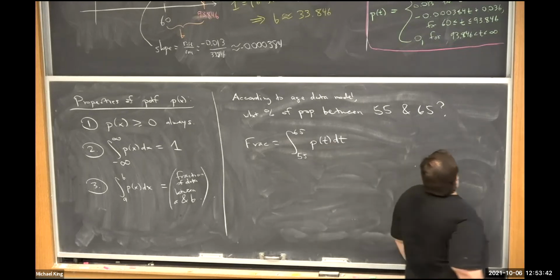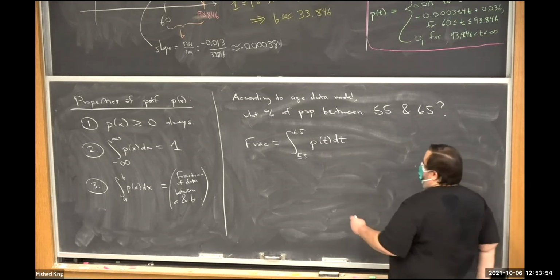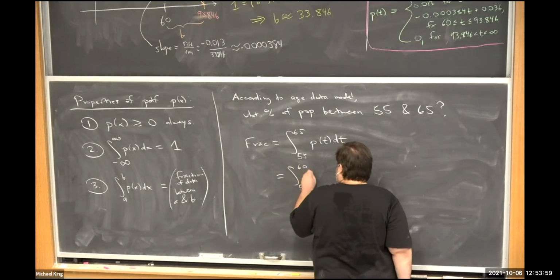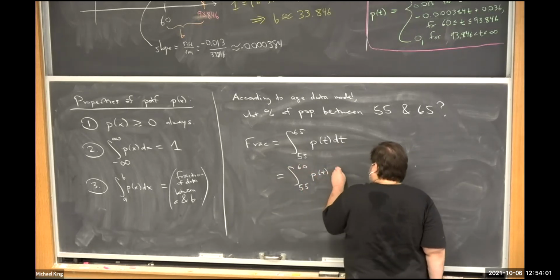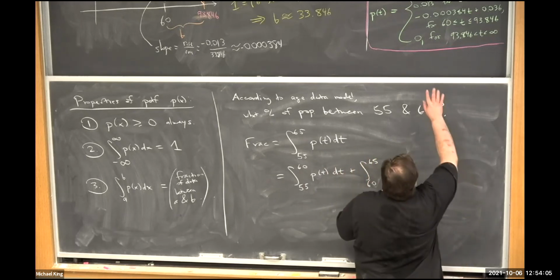But now this is a little weird because it's a different formula to the left of 60 and to the right of 60. So if we're actually going to evaluate this, we'd have to break it up into 55 to 60 plus 60 to 65, because the formula changes, because of the piecewise defined nature.